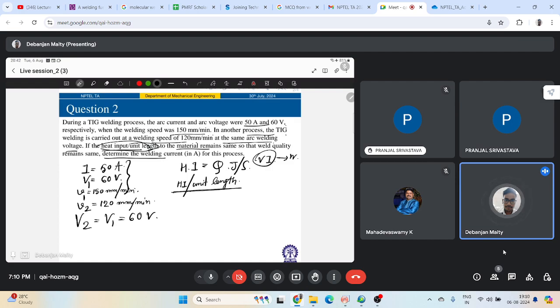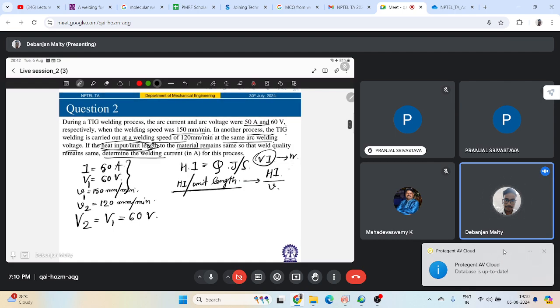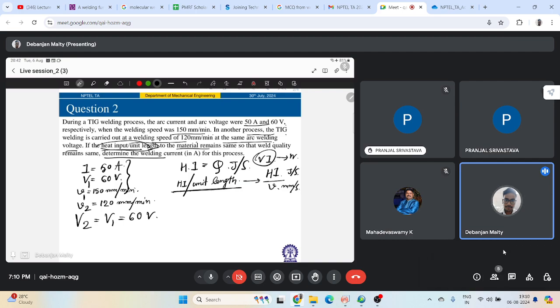This can be defined by dividing your heat input by welding speed. So if this is in joule per second and this is, let's say, in mm per second, I will be getting heat input per unit length in joule per mm. Is it not?